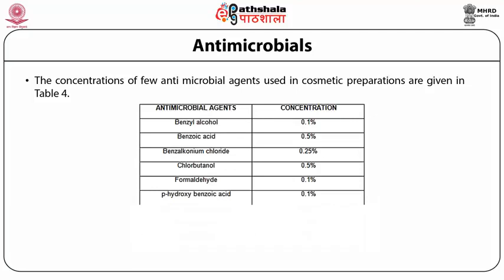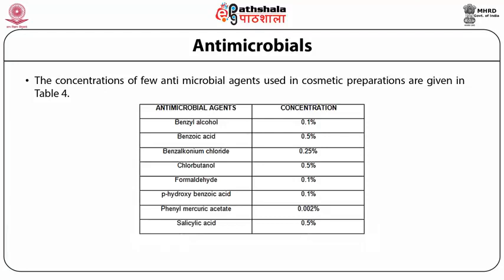Parahydroxybenzoic acid in the concentration 0.1% is also used as an antimicrobial agent. A very widely used antimicrobial agent is phenyl mercuric acetate, which is used in the concentration 0.002%.